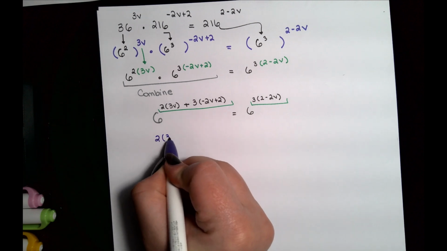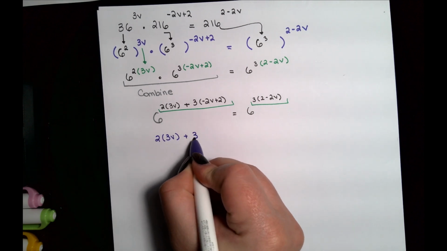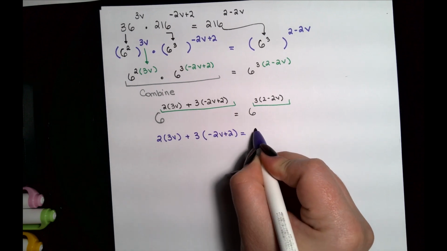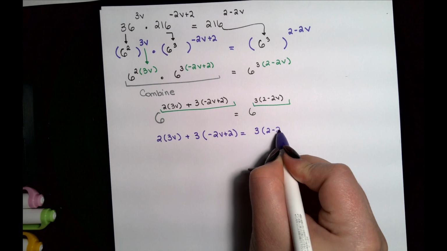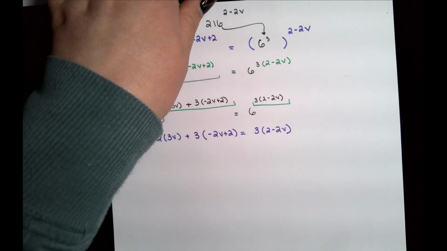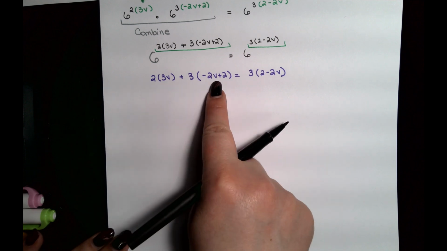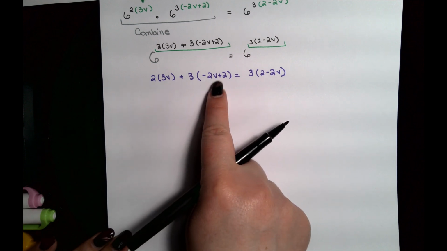So now we're here. 2 times 3v plus 3 times negative 2v plus 2 is equal to 3 times 2 minus 2v. The reason we have those parentheses is because sometimes you will need to distribute, and you are going to distribute when you have a binomial in your parentheses.